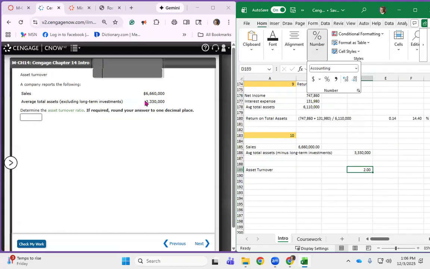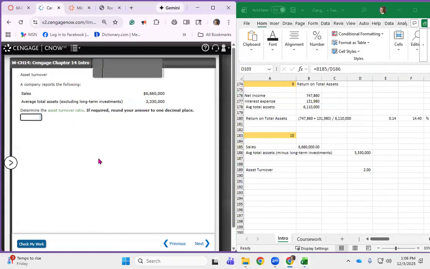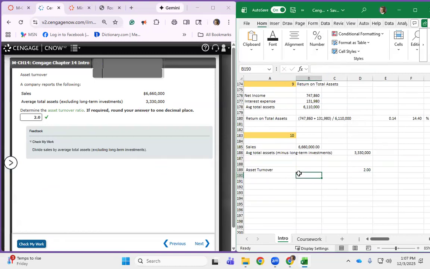So basically our sales are 2 times as much as our assets. And I am putting 2.0 there because they asked for that. So the calculation is 6,660,000 divided by 3,330,000. There's where we're getting the 2.